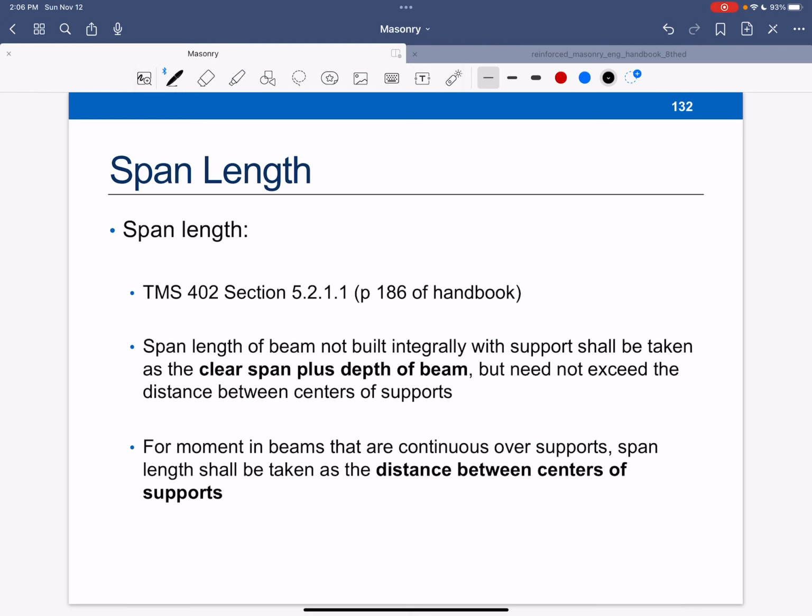There's some other information in the TMS that we've kind of talked about. I was just giving you a span length on the last beam, but if you actually want to go in and design, let's say we've got a doorway and we've got the lintel piece over the top, right? And this is wall. I've got a clear span, and I also have what's my design or effective span?